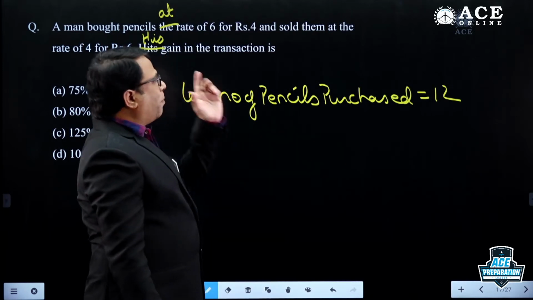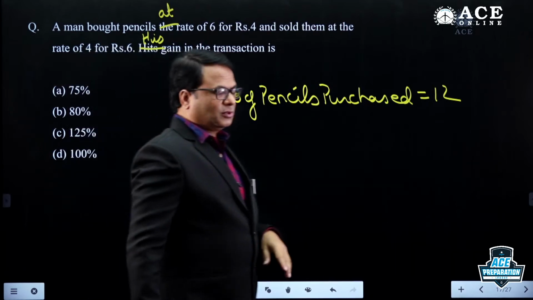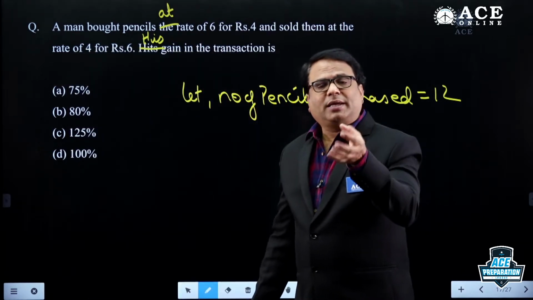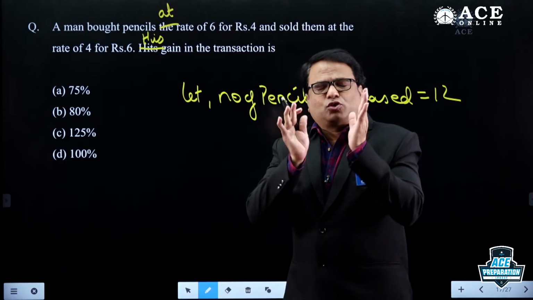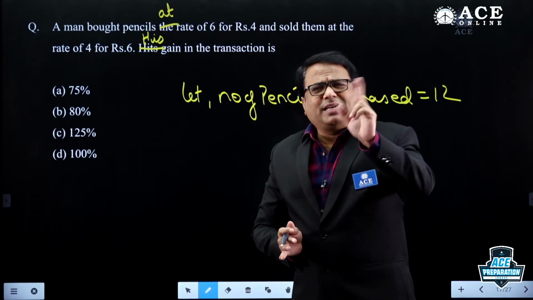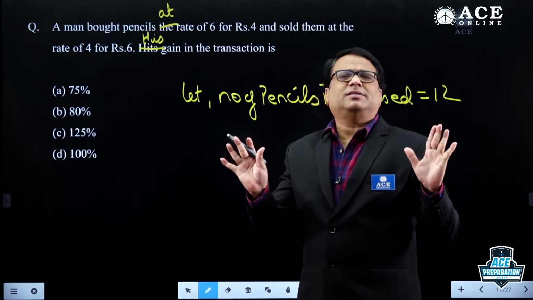While buying, he is buying as a set of 6 pencils. While selling, he is selling as a set of 4 pencils. So, if you assume a number which is easily divisible by 6 and 4, then the calculations become easy.